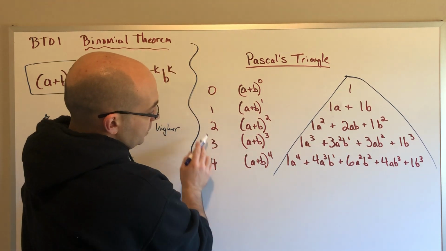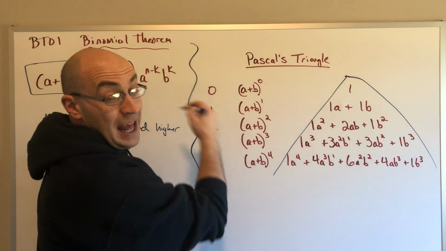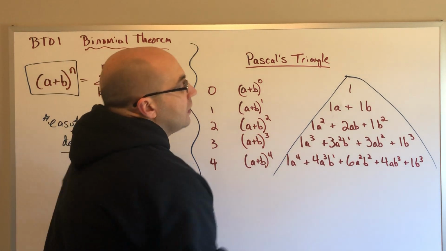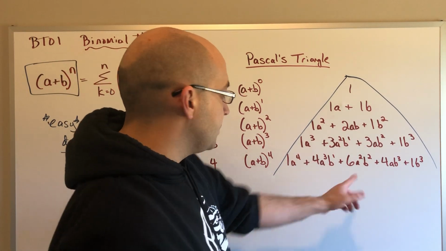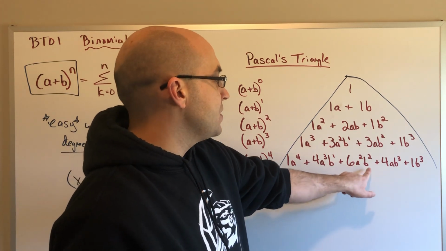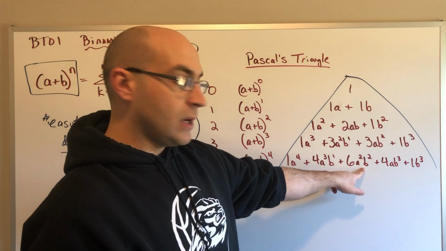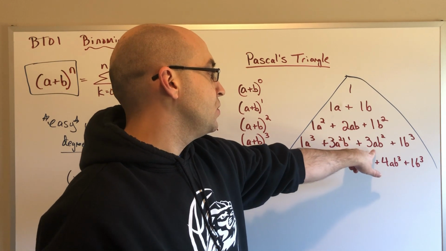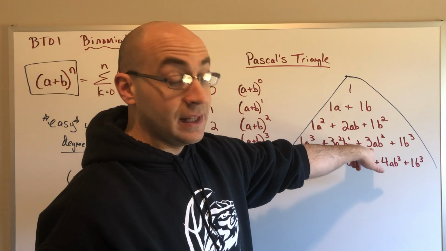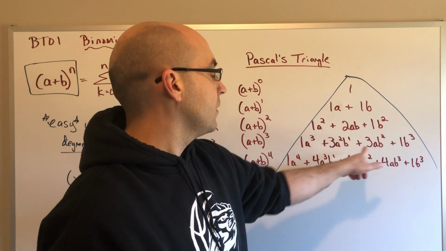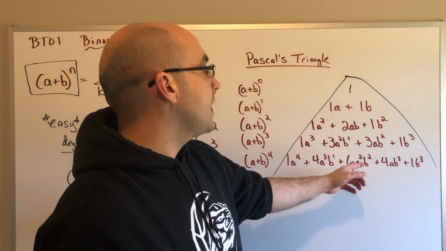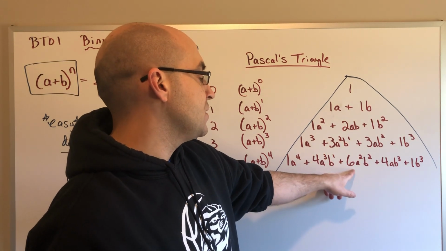These are rows 0, 1, 2, 3, 4, and that represents the n value, or the exponent value. So for example here, 6a squared b squared, I get this result by taking the two above it, 3 plus 3 is 6.